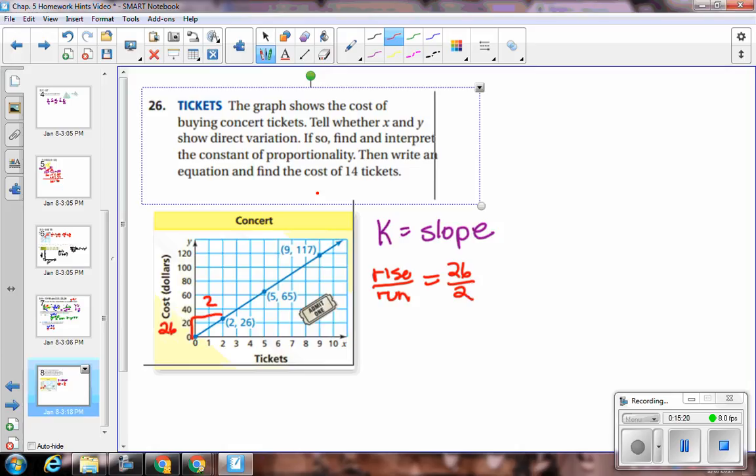My 26, that's dollars, and my 2 is tickets. So when we divide 26 divided by 2, we find out that it's $13 for a ticket. And they ask you, once you know that, you should be fine to find the cost of 14 tickets. 14 times 13, go ahead and figure that out to get the cost of all those tickets.